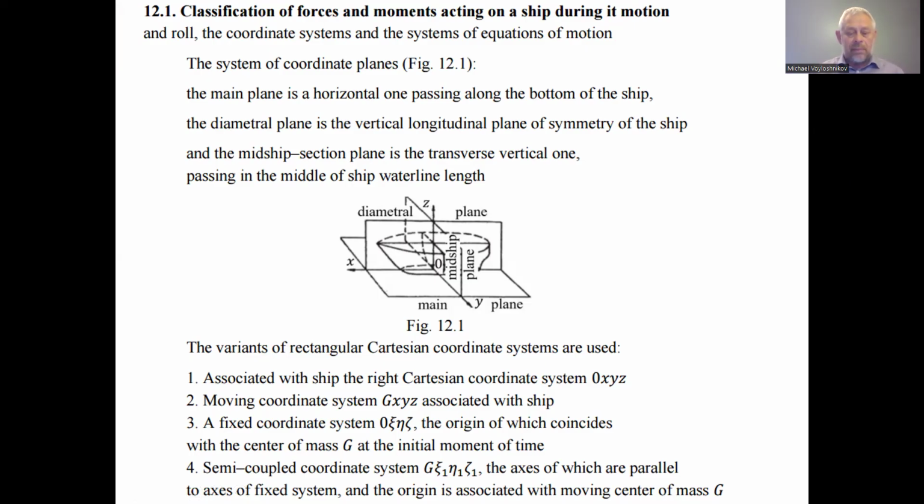So this is a right-handed system of coordinates. How to determine it? If one rotates the abscissa axis toward the ordinate axis, and we associate a right screw with the coordinate system, the direction of motion of the right screw when rotating the abscissa axis to the ordinate axis will be the applicate axis.